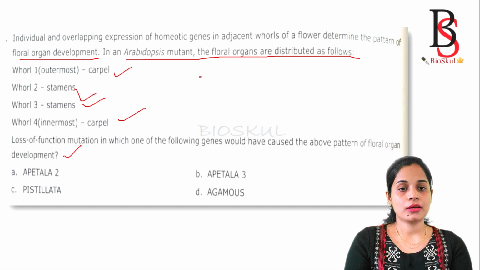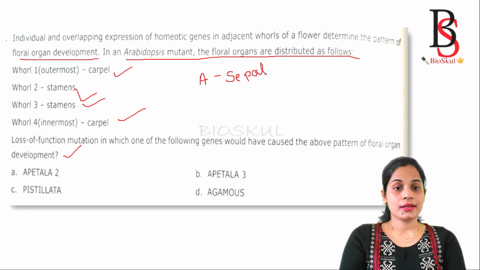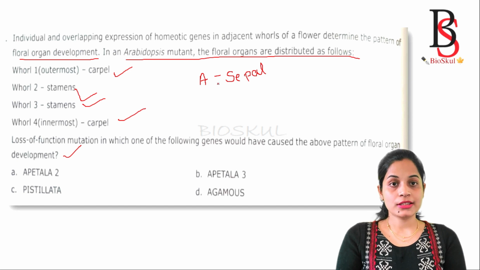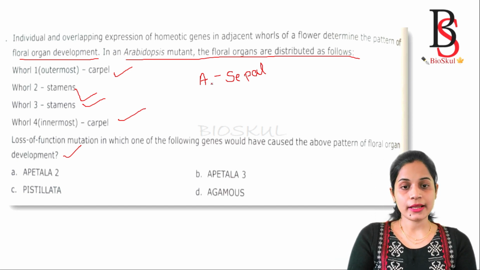We know that. Let's see the class of the genes. A forms the sepals. See, here A is absent. Means there is absence of the gene A. That's why there is no formation of the sepals.